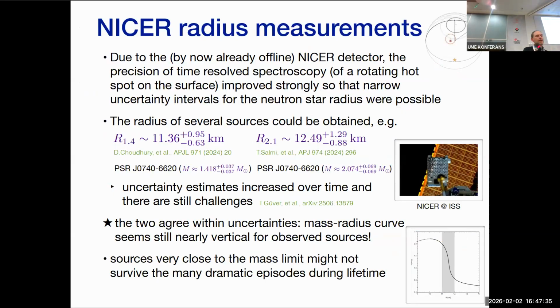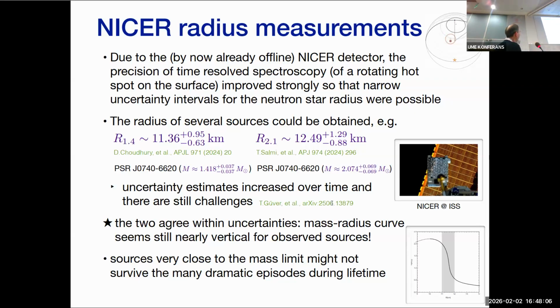Okay, and if you can do time-resolved spectroscopy and see how the spectrum changes, you can basically determine what the size of that hotspot is and what the size of the star is. And that was a big breakthrough with NICER on board the ISS, and people could pin down the radii of, well, several neutron stars very precisely.